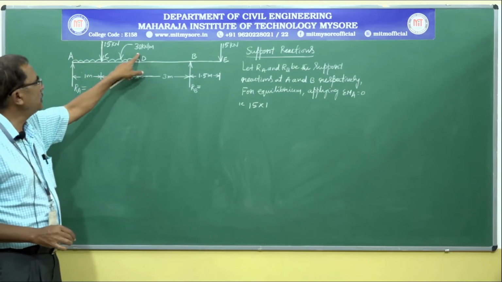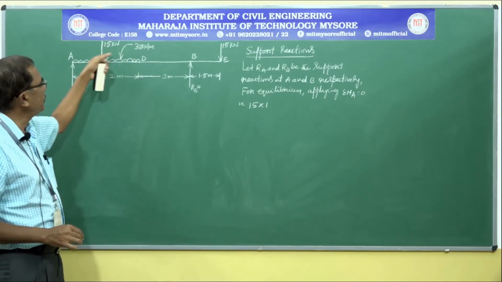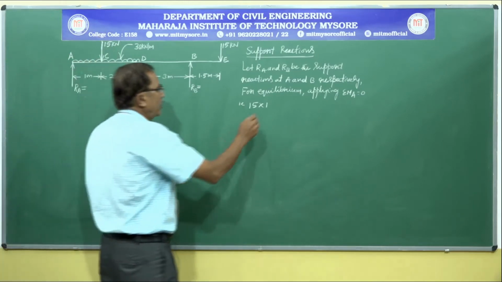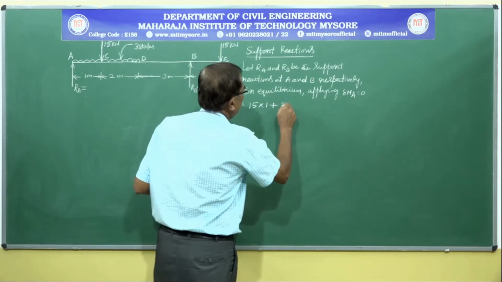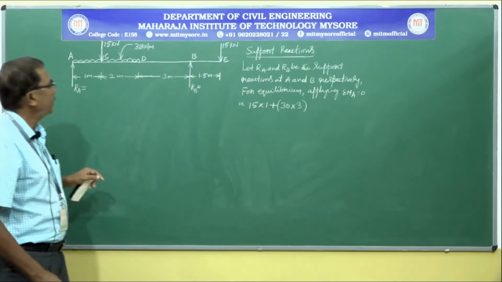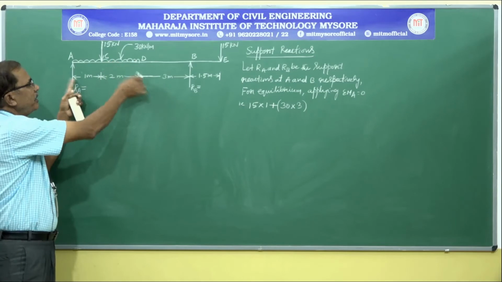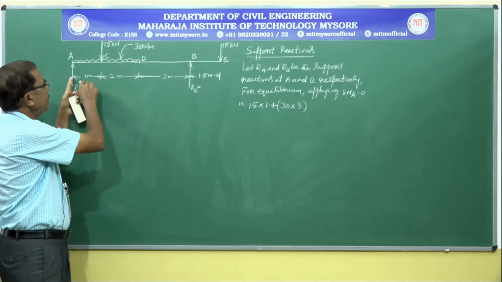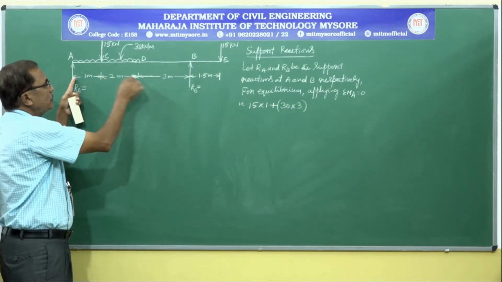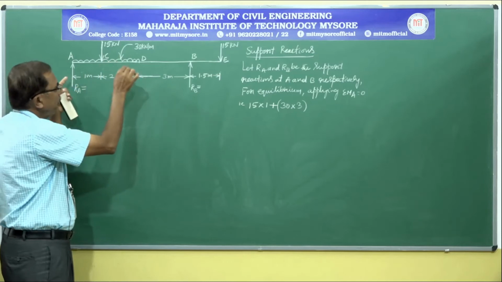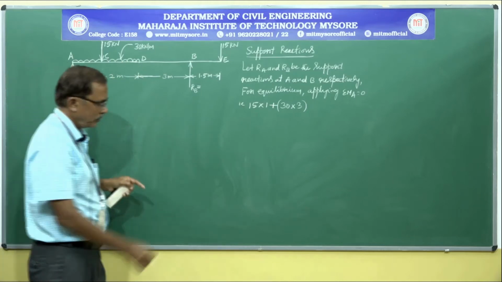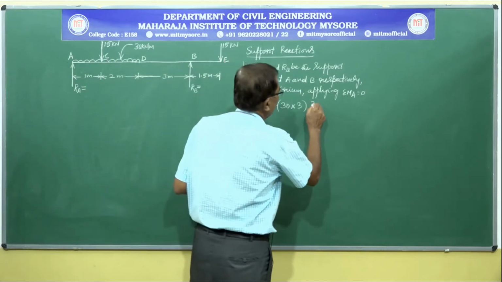Next, convert this UDL to a point load, and this point load of UDL is also creating clockwise moment, hence it is positive, plus 30 into 3 is the point load, and it is acting at the midspan of the UDL, not at 1 meter or 2 meter, it is 3 by 2. So 30 into 3 into 3 by 2.